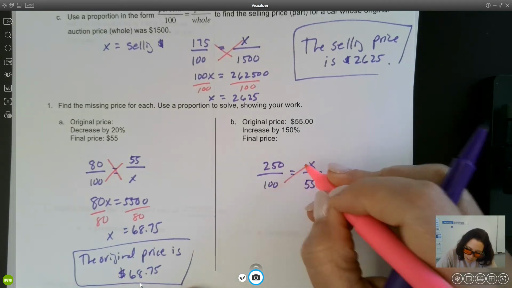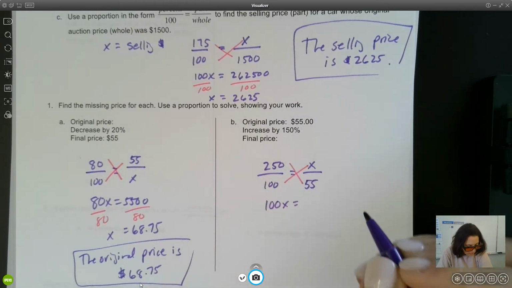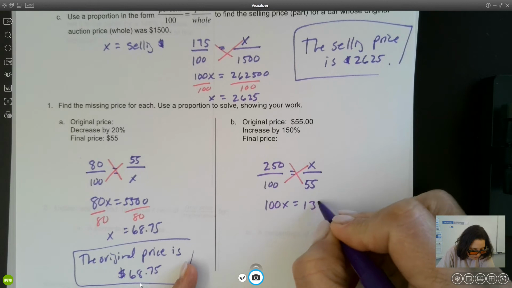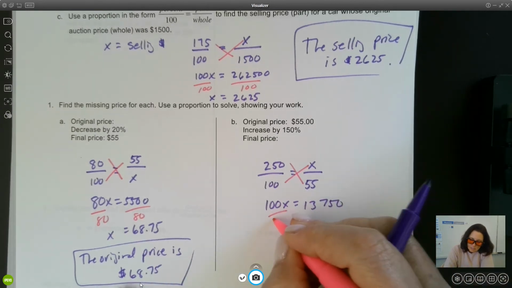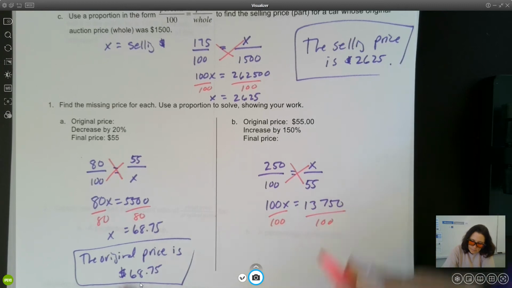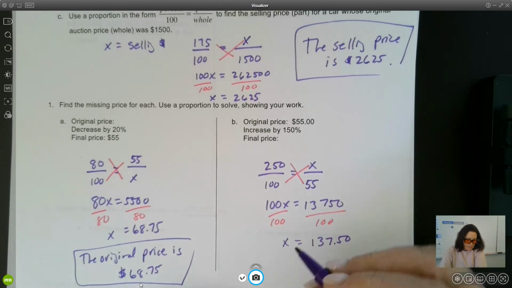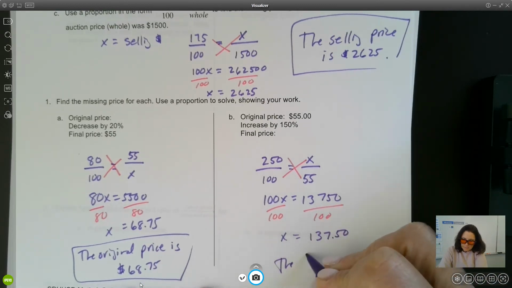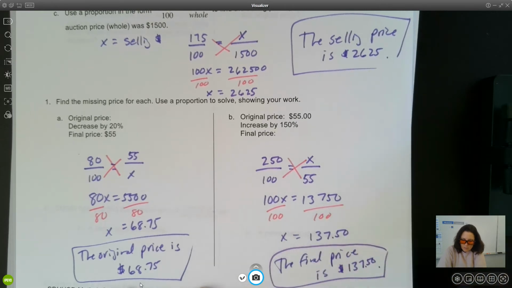Okay, so this is 100x equals 13,750. Divide by 100, and you get 137.50. So the final price is $137.50.